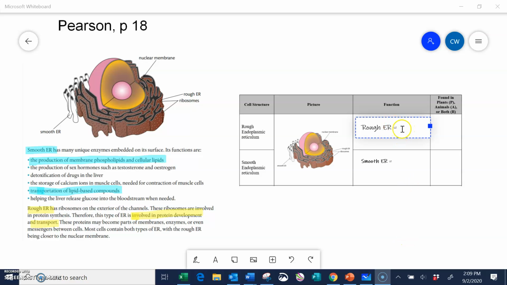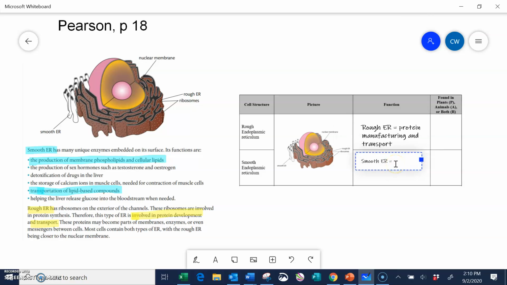So now that I've done my reading and highlighted some important things, I'm going to come back over to my note sheet, and I'm going to type in a summary of what I've just read. So rough ER first, I'm going to say protein manufacturing and transport.